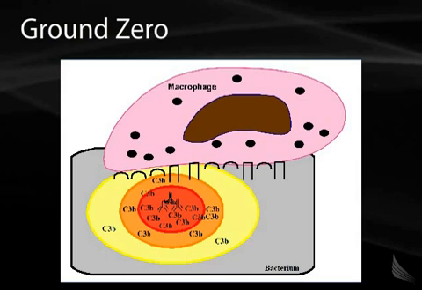And then we see here our lovely looking macrophage come in. It has C3b receptors on the surface of its cell. Those C3b receptors can recognize the C3b, and that will clue in the macrophage, hey, this is a bad guy, it's coated with C3b, let's get rid of it. And that macrophage will then phagocytose that bacteria, and we can get rid of the infection.